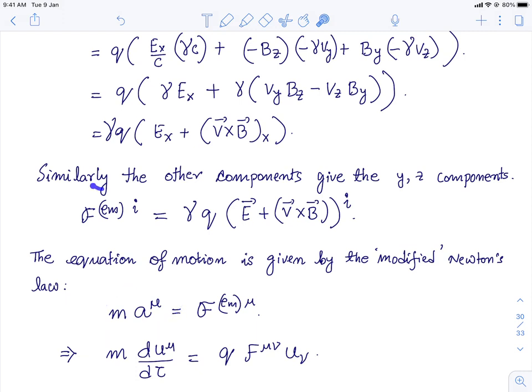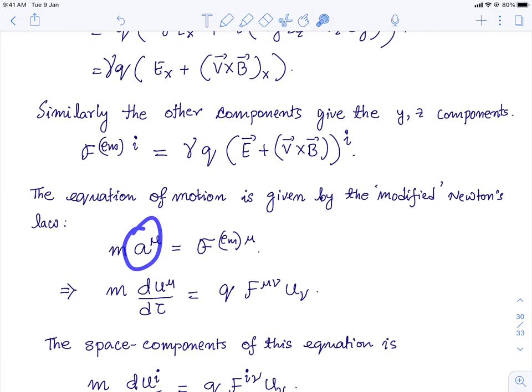In the presence of this force, the 4-force if you like, this mass times 4-acceleration must be equal to the 4-force that we have written here. That should be the modified Newton's law if you like. Now in the modified Newton's law, the 4-acceleration is given by dU/d tau, and the 4-force is q times F contracted with the 4-velocity.